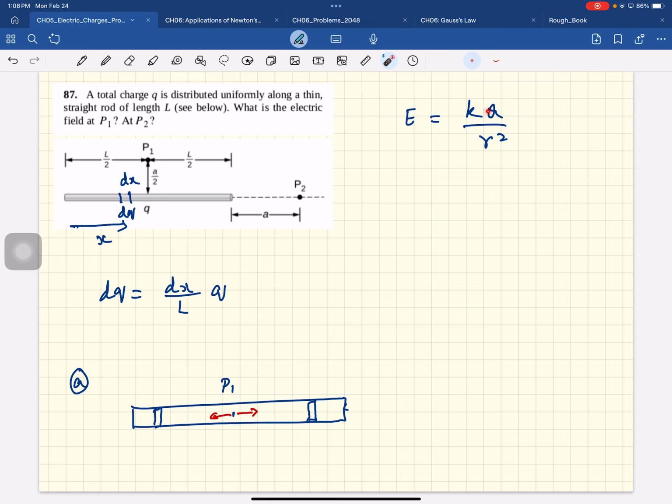They're equal charges and they're equidistant, so this cancels with that. Corresponding to every little charge, you have a corresponding charge that's canceling the electric field. So the electric field at P1 is 0. That's what you learn from symmetry.